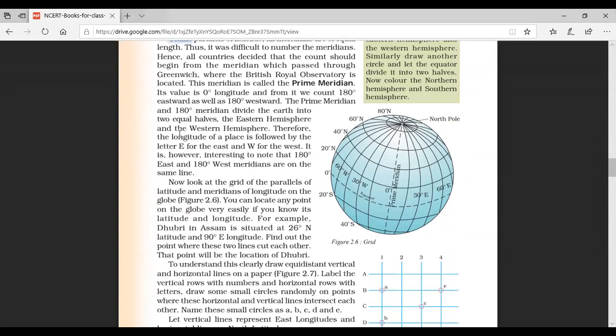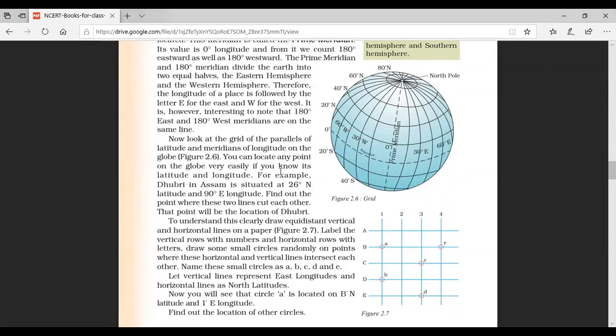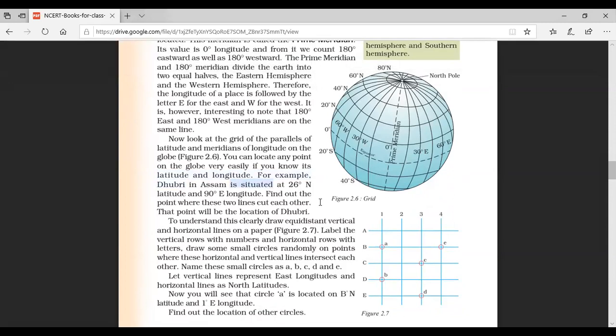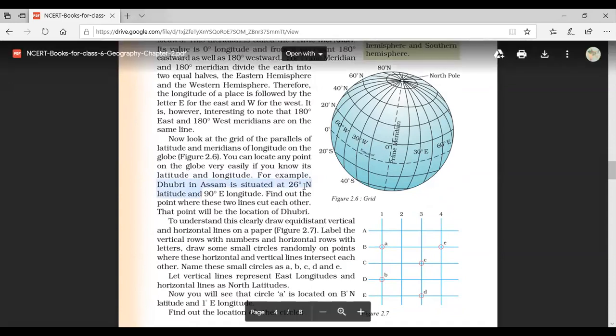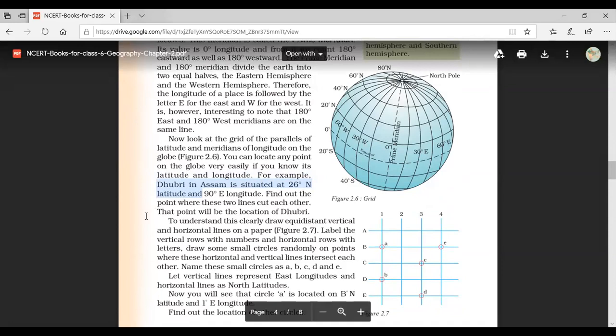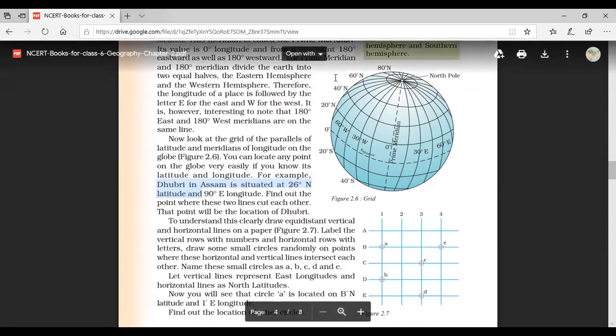You can locate any point on the globe very easily if you know its latitude and longitude. For example, Dhubri in Assam is situated at 26° north latitude and 90° east longitude. Find out the point where these two lines cut each other. That point will be the location of Dhubri. Let's refer to this diagram, this grid, for our convenience.